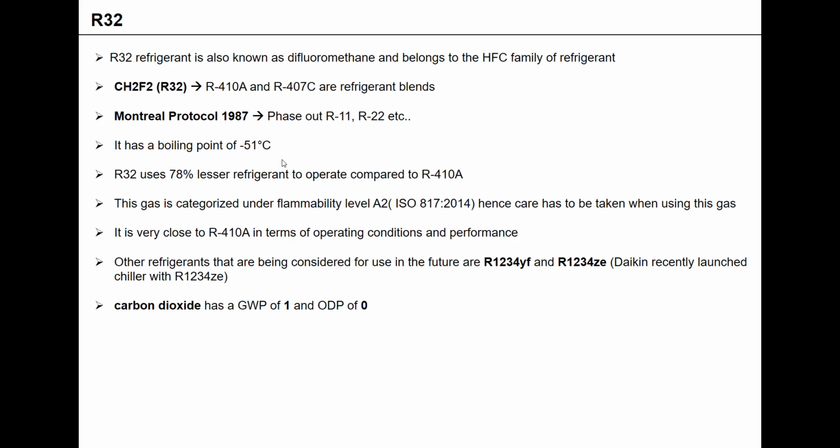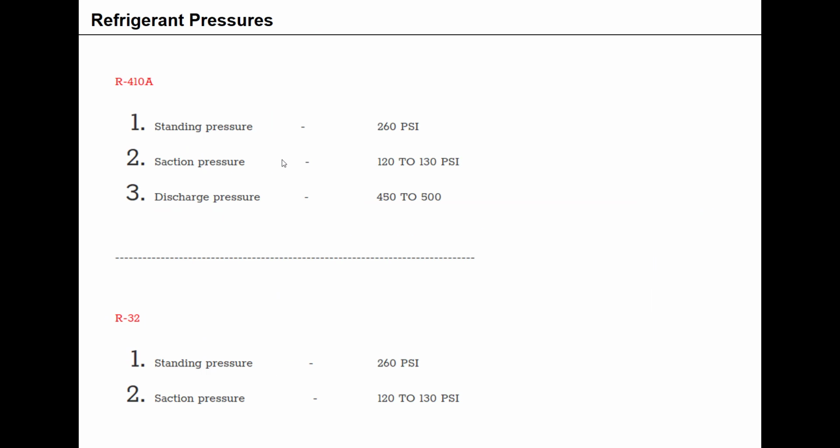Now R32 and R410A have similar operating conditions, as you can see here in the last slide. Both have the same standing pressure and suction pressure. What does standing pressure mean? Whenever the appliance is not working, in an idle condition, what is the pressure at that time?